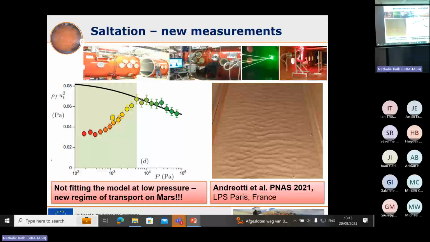But we do see that the grains outgas water. So it's normally best to just leave them overnight at low pressure. They outgas probably 2-3 millibars of water, and then we pump it out and do the experiment. We've done some tests looking at the effects of humidity. It needs to be really quite high, in absolute amount, before you see any stickiness.